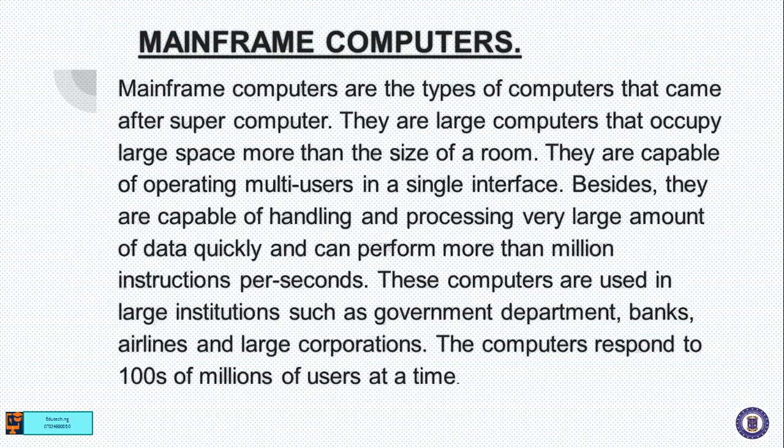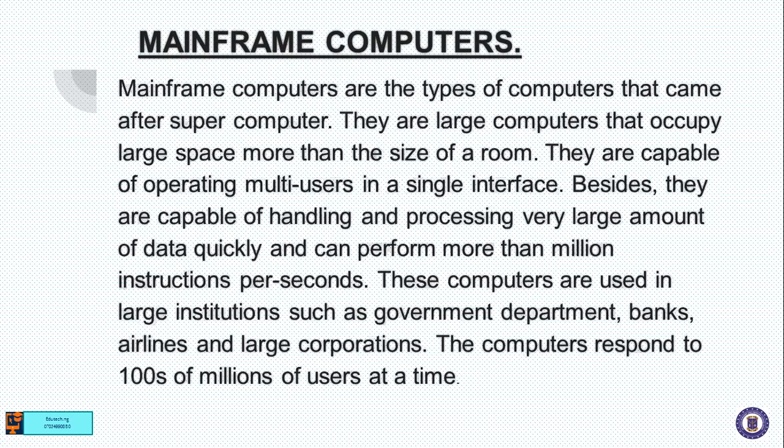The first was the supercomputer, followed by the mainframe computer, followed by the mini-frame computer, and lastly by the microcomputer. Now, this mainframe computer comes after the supercomputer system. That is to say that the supercomputer is larger in size than the mainframe computer.